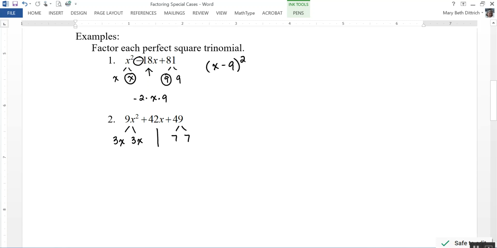So is my middle term going to be 2 times one of these times one of these? And indeed it is, because 2 times 3 is 6, 6 times 7 is 42, and I have my x. Notice I'm going to use the sign that's in front here. So this is going to factor into 3x plus 7, the quantity squared.